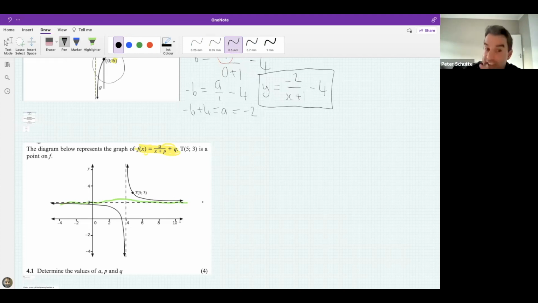Aha. So it's not -2, it's +2, because if you look here, it's above the x-axis. So it's +2. And that tells us that in the equation we want to work out, there's a +2 at the end.